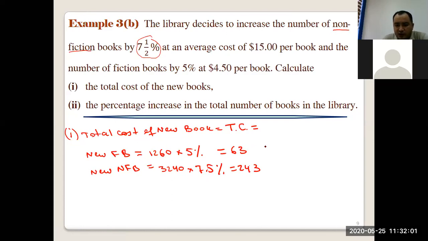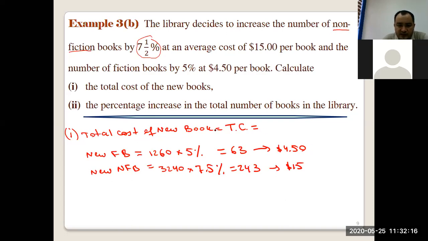And what is the average cost of fiction books? Average cost of fiction books is 4.50. And average cost of non-fiction books is $15, right?